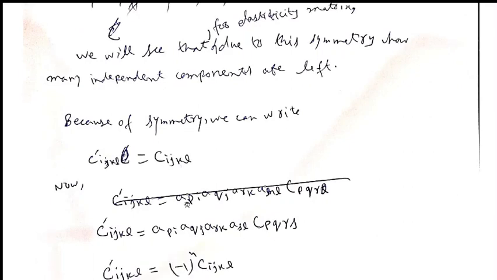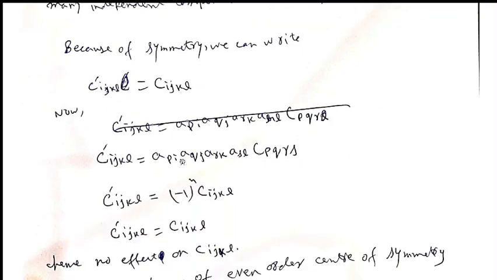And this tensor has symmetry, so C dash ijkl will be equal to Cijkl. Due to this symmetry C dash will be equal to C. Now with the help of the transformation law and the transformation matrix we can write this. Why is there minus 1 power 4?